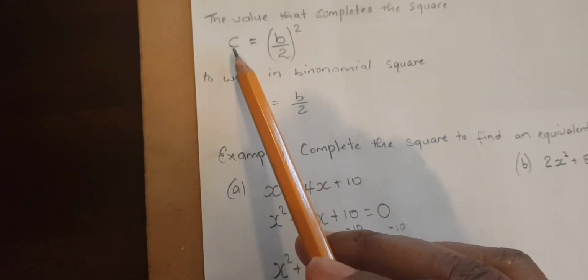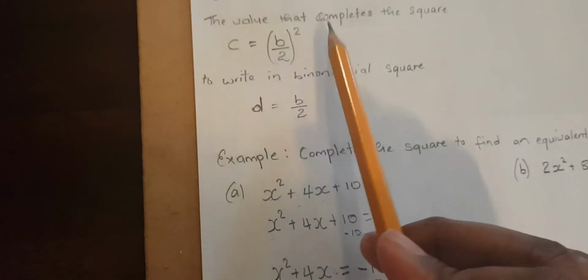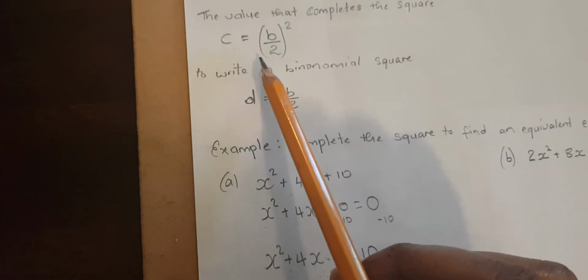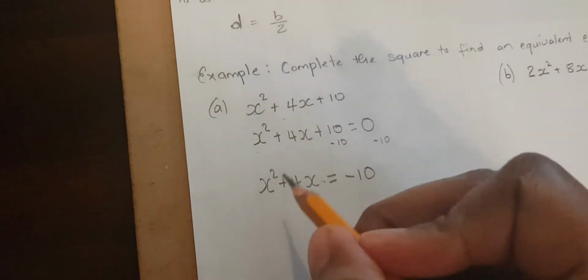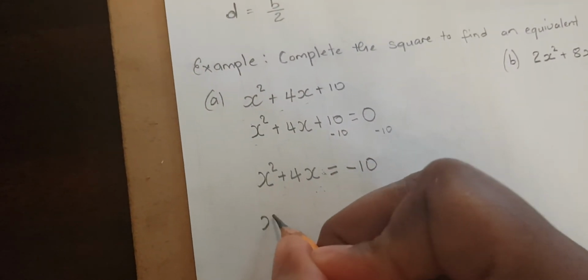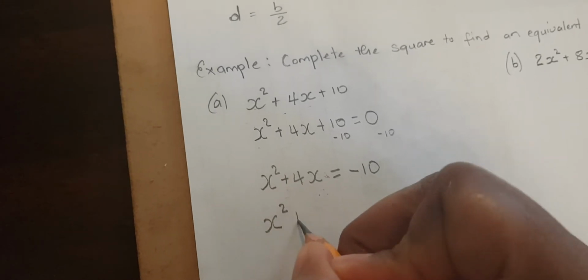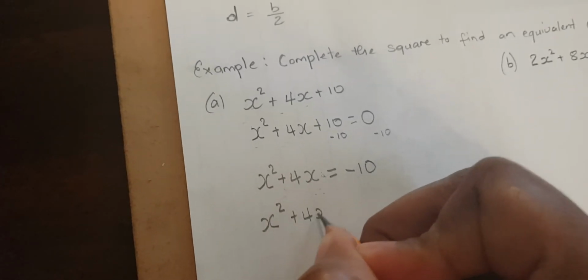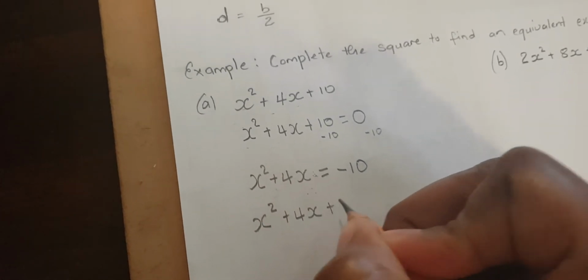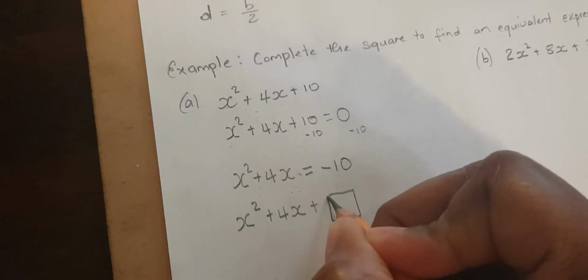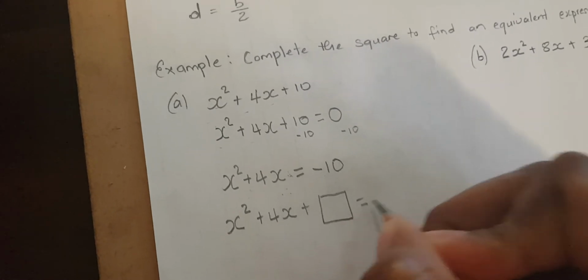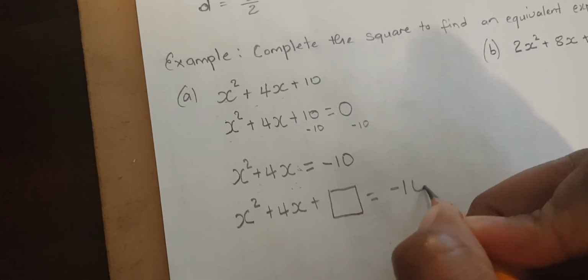That c is always going to be half of b, all squared. So let's write x squared plus 4x, and then we need to add that c value, the value it will take to complete the square, is equal to minus 10.